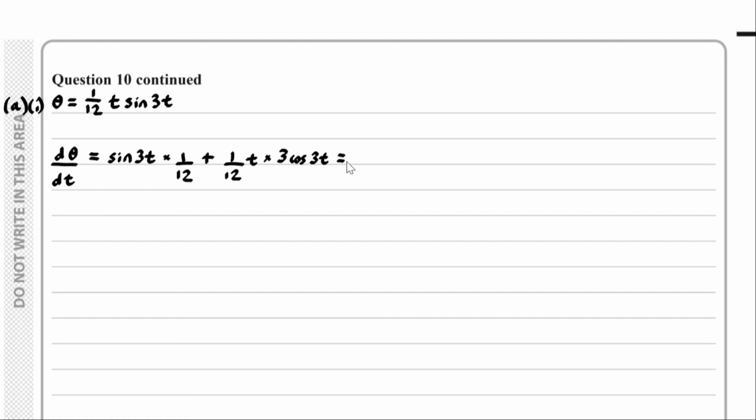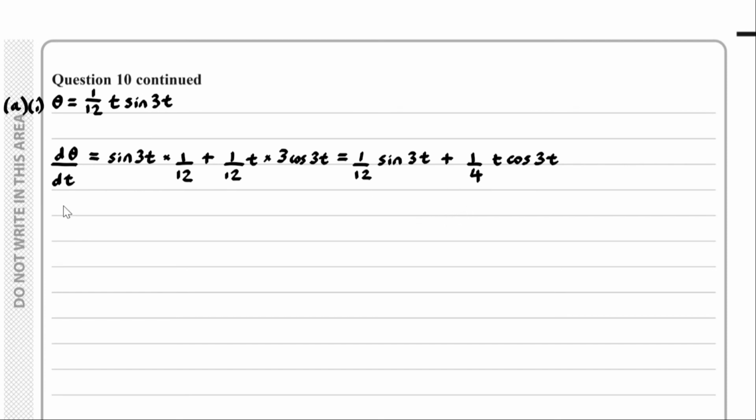If we simplify all of this, we end up with 1/12 times sine 3t, and then I add on 1/12 times t times 3 cos 3t, so that's going to be 1/4 because I've got 3/12, so that's 1/4 t cos 3t.